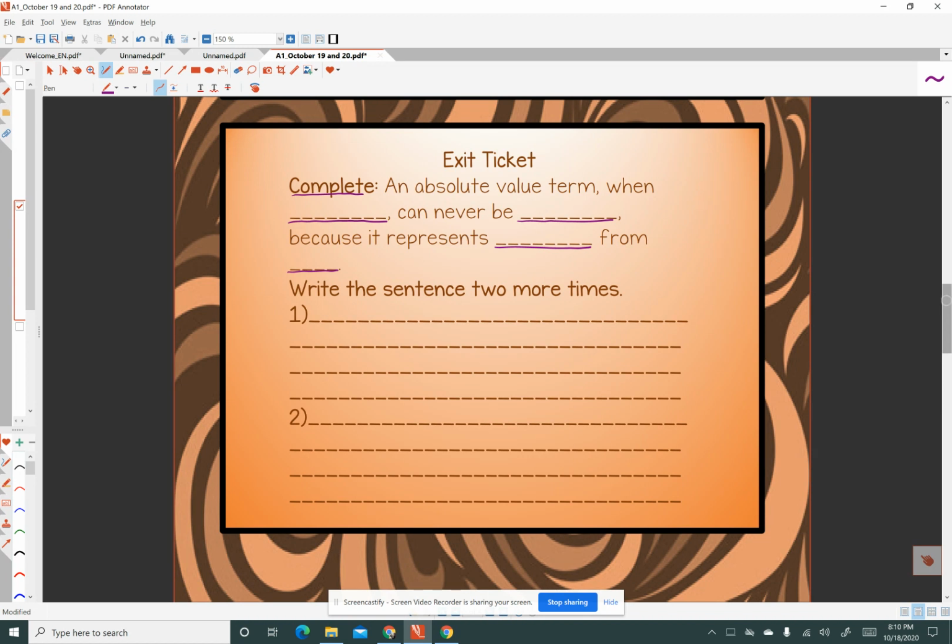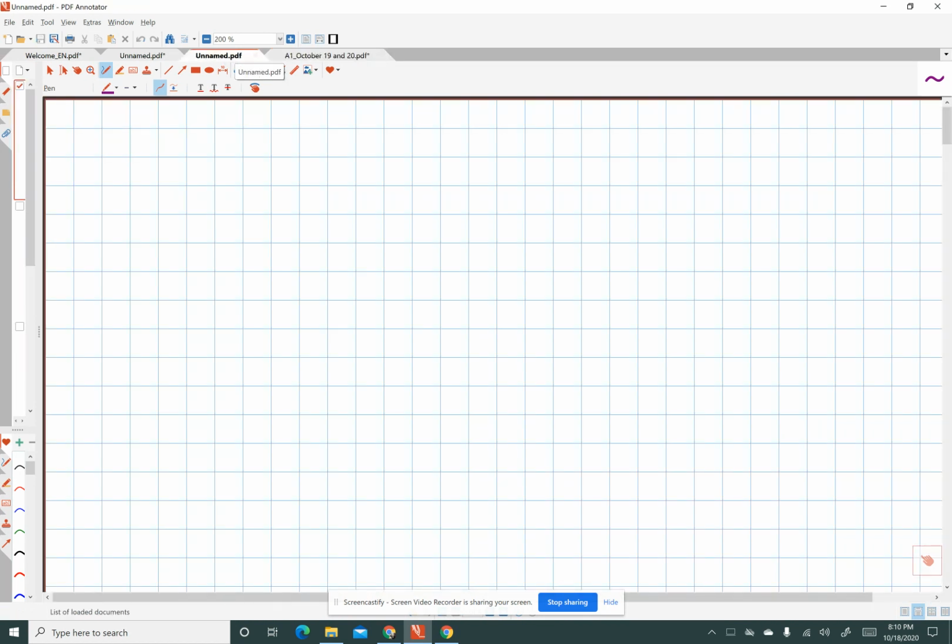So we're going to start with our absolute value equations. And I want you to take some notes today, so make sure you open your notebook for this. So let's title this absolute value equations and steps to solve.